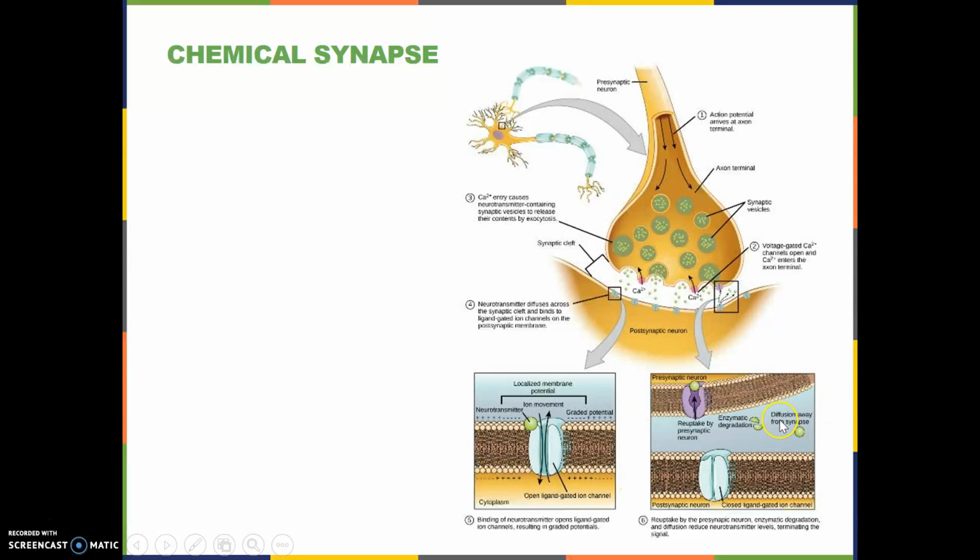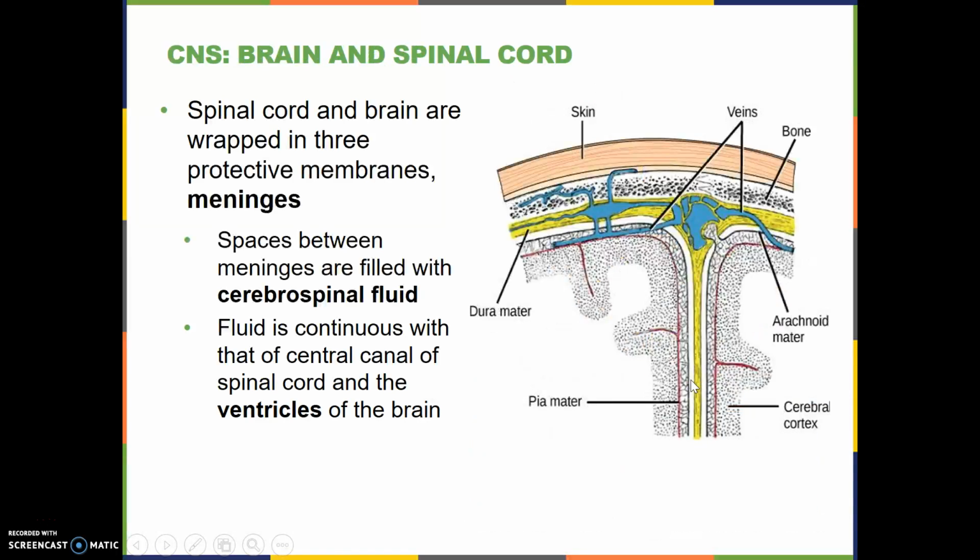And then eventually, what you would have is reuptake of the neurotransmitter into the presynaptic neuron, into the axon terminal, because again, you can't have neurotransmitter acting indefinitely. There has to be a stopping point.